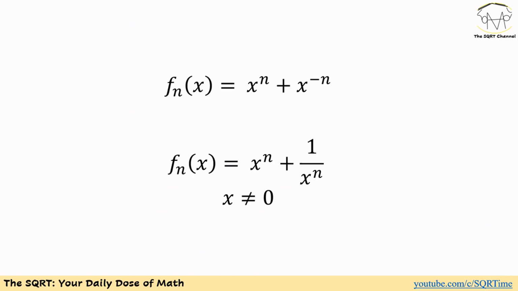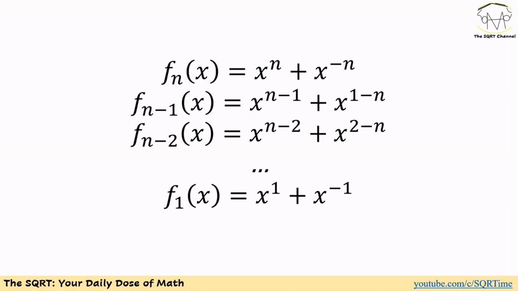To solve this problem, note that x to the power of minus n cannot be defined where x is equal to 0. So the function that we have is going to be defined for any value of x not equal to 0. With that, let's start with writing the function for a couple of different n values.